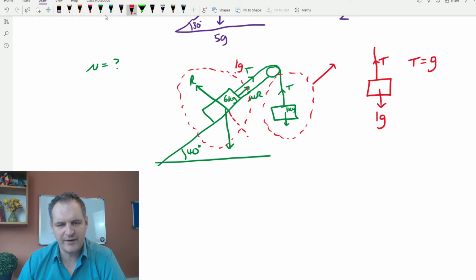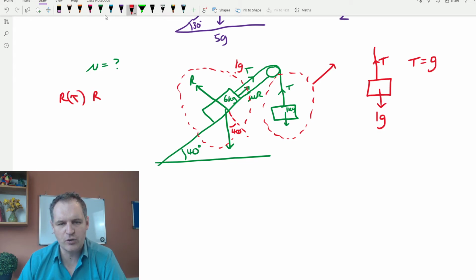This straight line here tells us that that's 40. I'm now going to resolve up away from the slope, perpendicular to the slope. R is the force going there. It allows us to ignore T because it's perpendicular. If any force is perpendicular, we can ignore it.